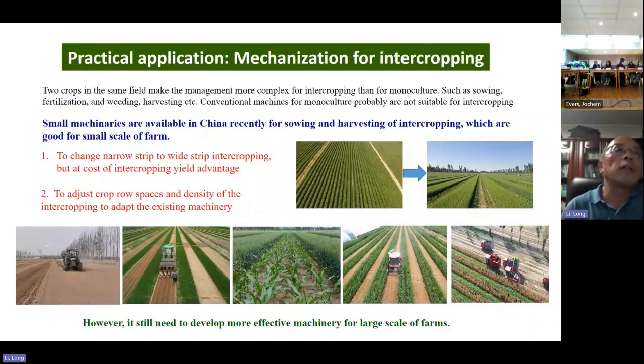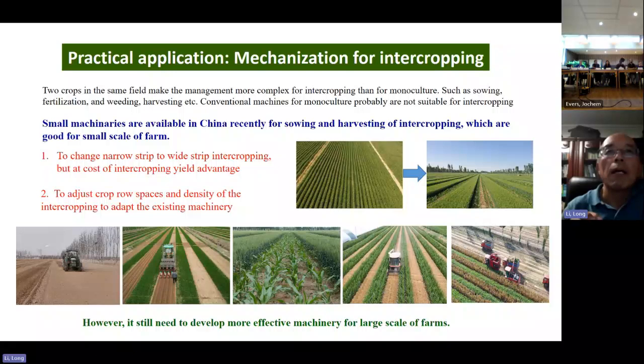Finally, I would like to give some examples about practical application. Firstly, in China, a challenge is labor shortage in the countryside, because young people go to the city to get a job. So in the countryside, there is not sufficient labor, so intercropping decreased.